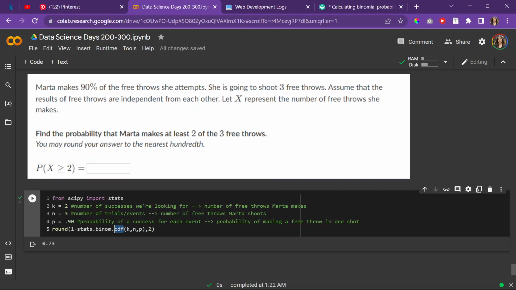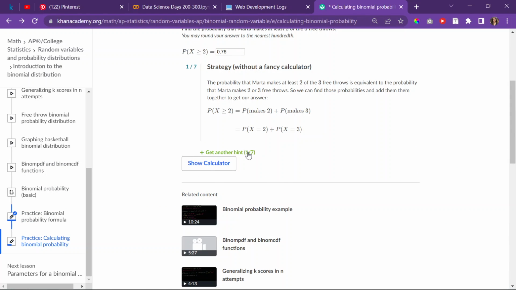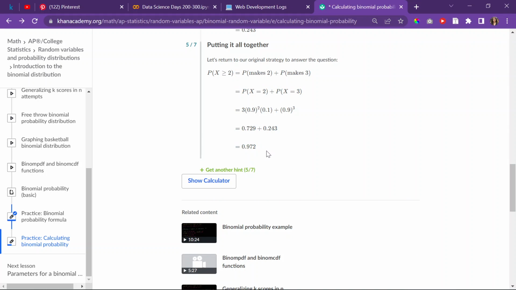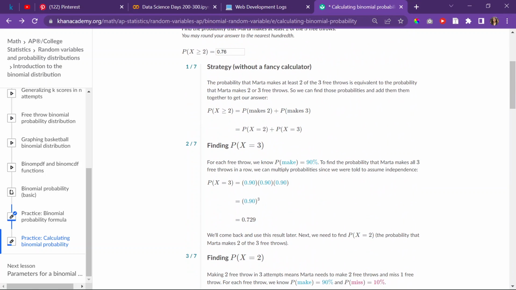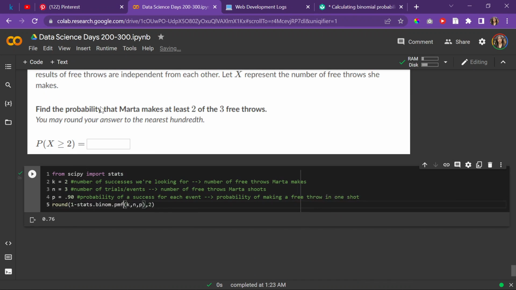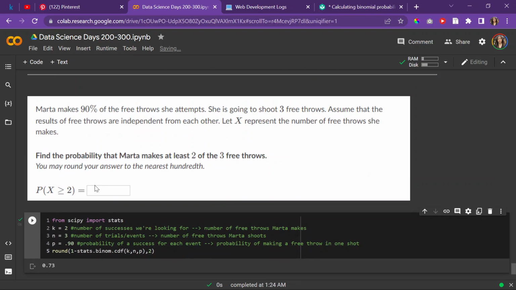It shouldn't be PMF, because PMF would do... okay, what's the issue? 0.97? Really? 1 minus stats.binom.cdf, K and P, and K is 2, greater than or equal to 2.